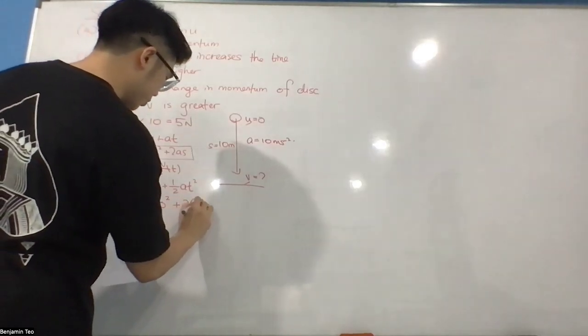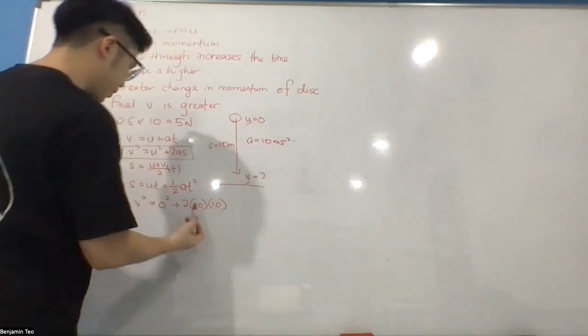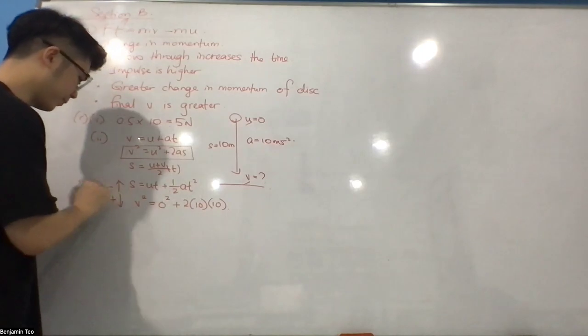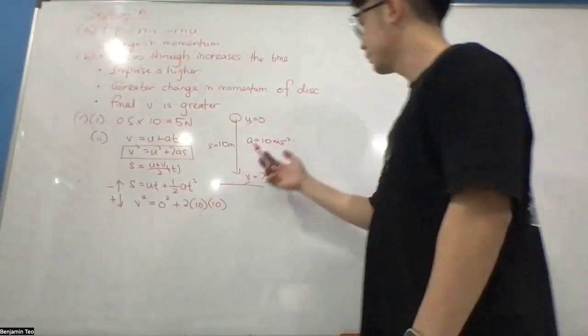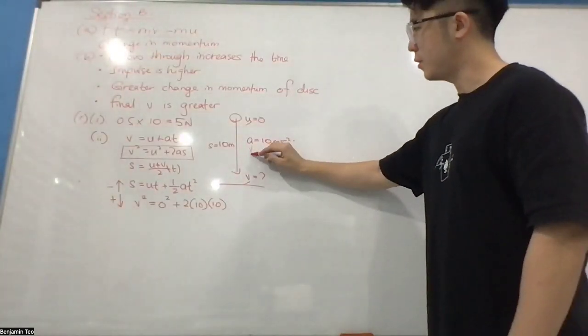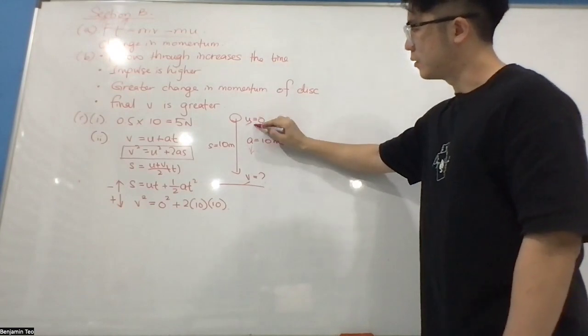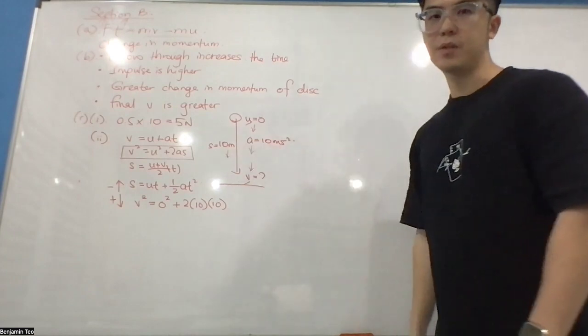Now, S is, here I use downward as positive, upward as negative, so all are positive. Acceleration is always downward. Initial velocity downward, final also downward. Distance or displacement also downward.